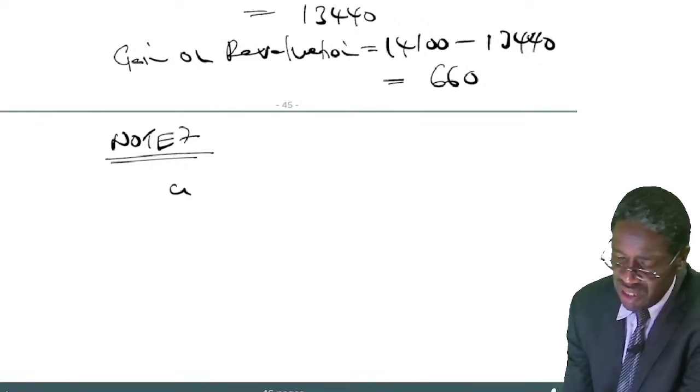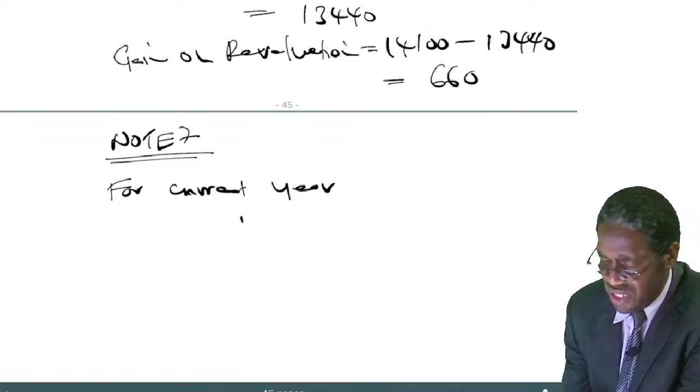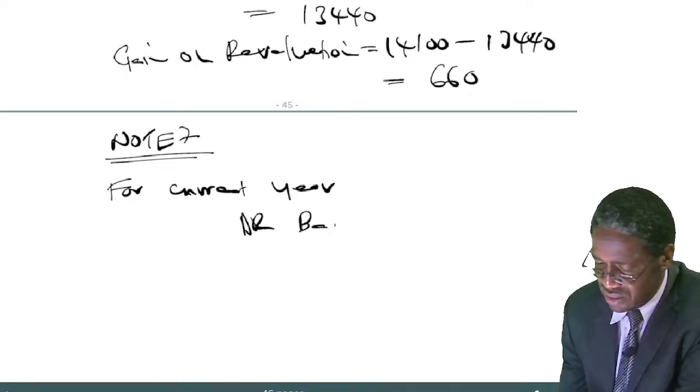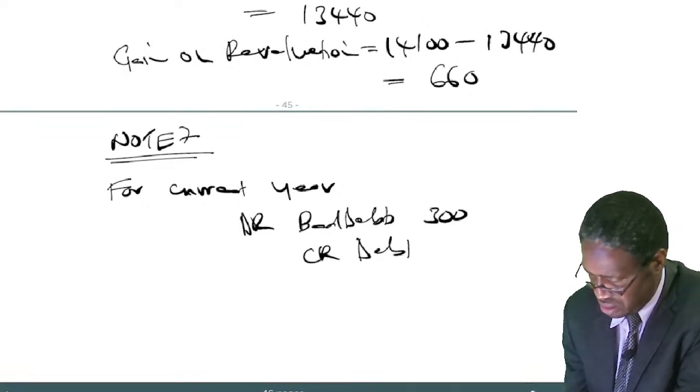Then you come and say here, for the current year, debit bad debts, that is 300, credit debtors.